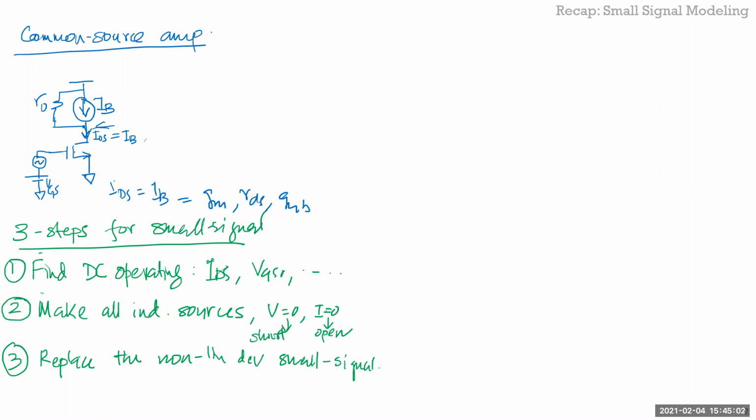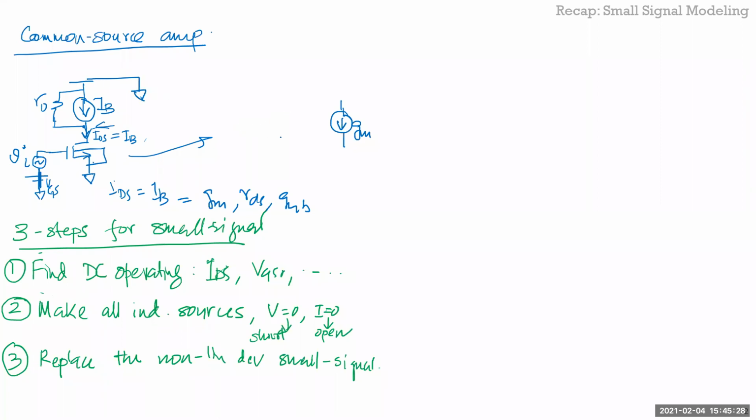So you'll take this, and obviously here I'm assuming the bulk is shorted to the source. So if you take this, and then from drain to source, you have the transconductance, right? Which is GM VGS. So let me say this is VI. And this is obviously shorted right now. VDD is shorted, which means this is ground, right?